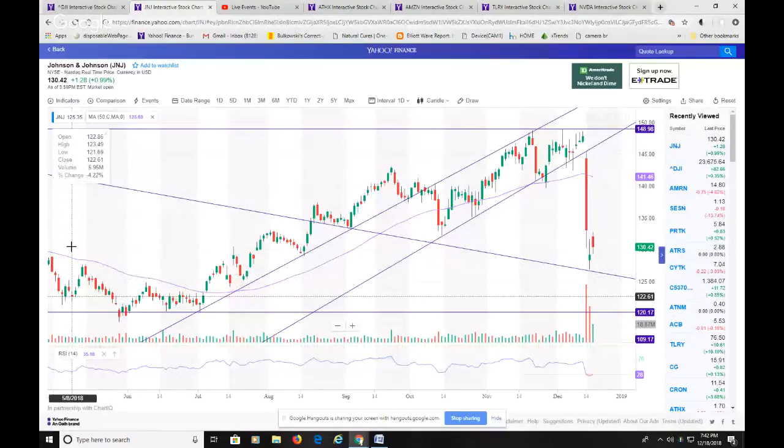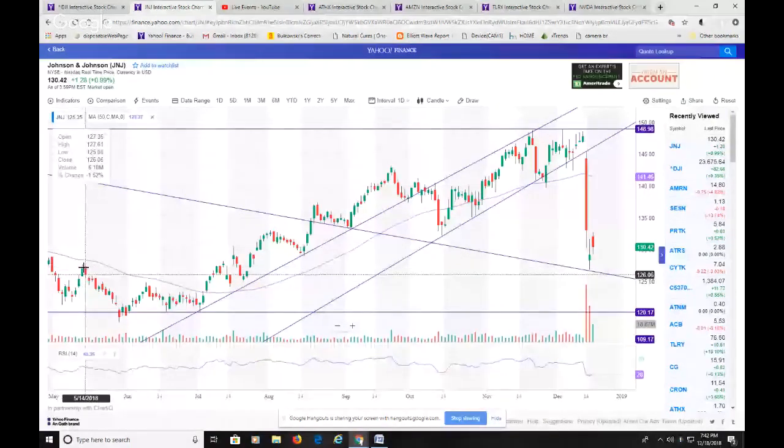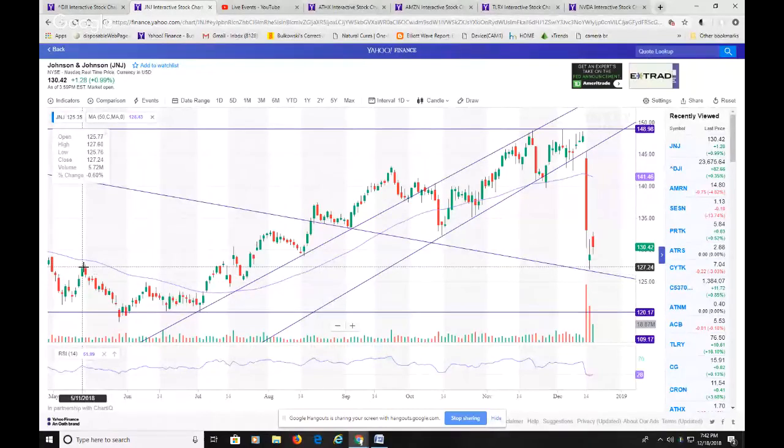Maybe not. Tricky. I don't know. Let's see. The close is 126.06. The open is, come on. The open is lower. So this is not an engulfing, almost. Very close, but this is an engulfing right here.